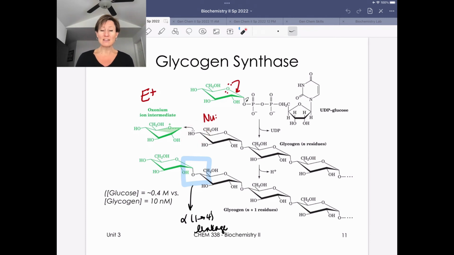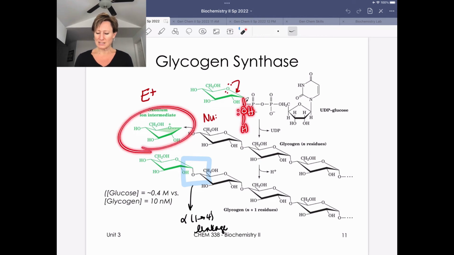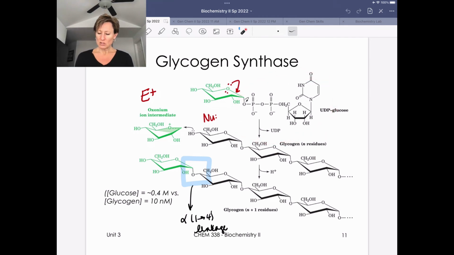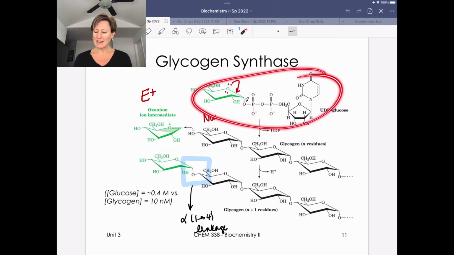This is the C4 hydroxyl group. This is the monomer that we want to add. It doesn't start out as free glucose. We don't have free glucose with an OH group here that we protonated and made into a leaving group. Water's an okay leaving group, but an even better leaving group is a nucleotide diphosphate. So we have this activated monomer.